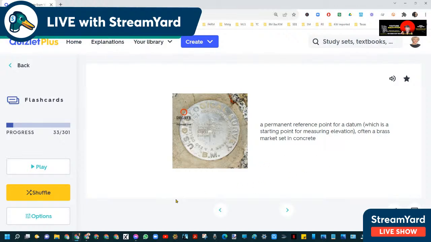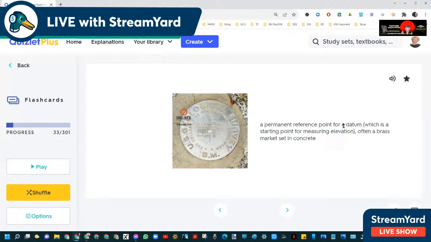Yes. Okay. Number 33, a permanent reference point for a datum, which is the starting point for measuring elevation, right? So this is like for a surveyor. It says survey on there, USA Geological Survey. So a permanent reference point for a datum, often a brass marker set in concrete. Well, if I say another word, I may be giving you the answer.